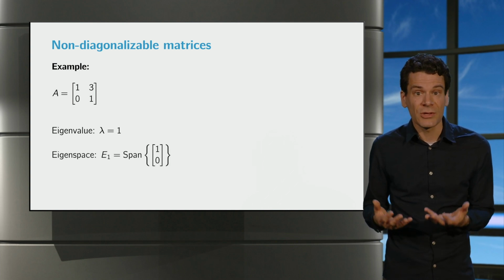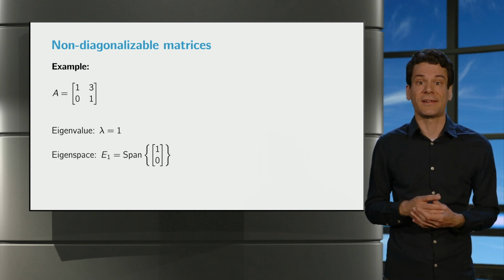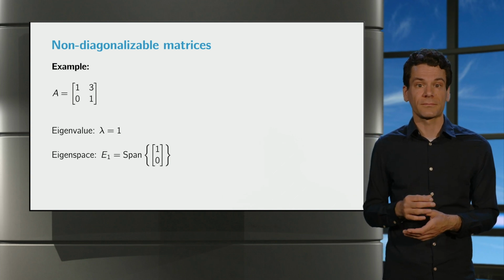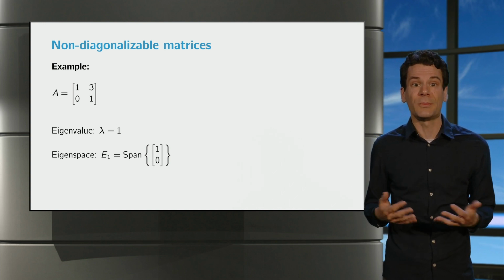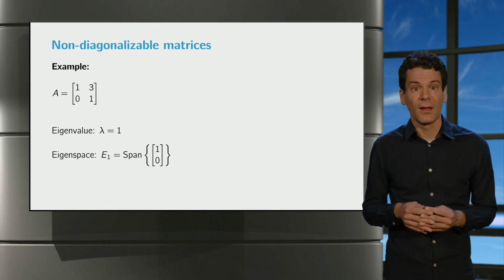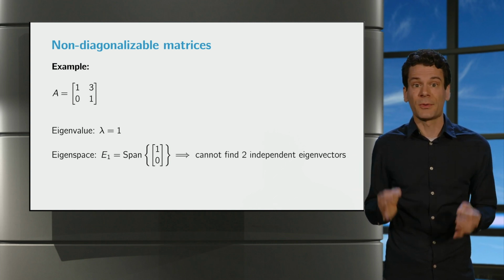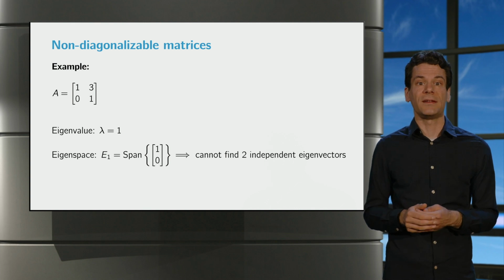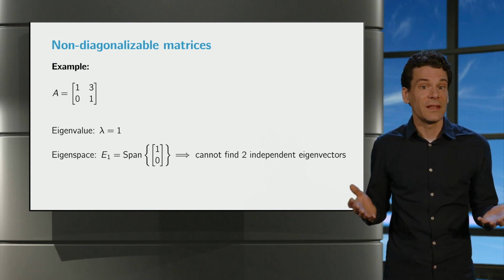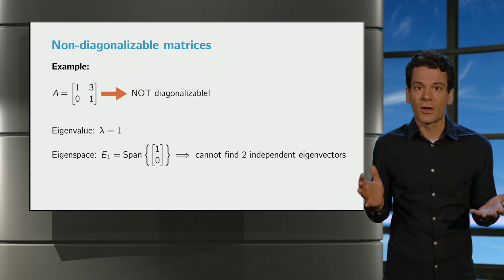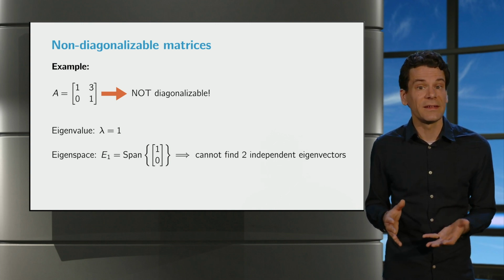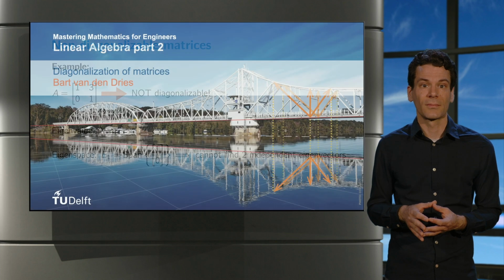The eigenspace turns out to be spanned by one vector, the vector 1, 0. That means that all eigenvectors of A are a multiple of the vector 1, 0. In particular, it is not possible to find 2 independent eigenvectors. That means that this matrix is not diagonalizable. We will come back to the issue of diagonalizability later on in this section.